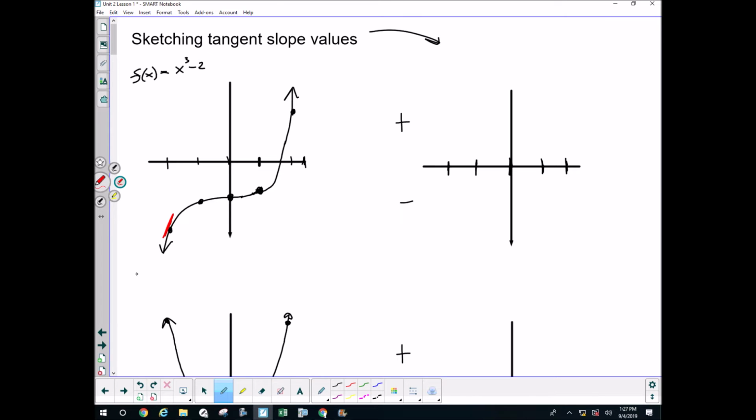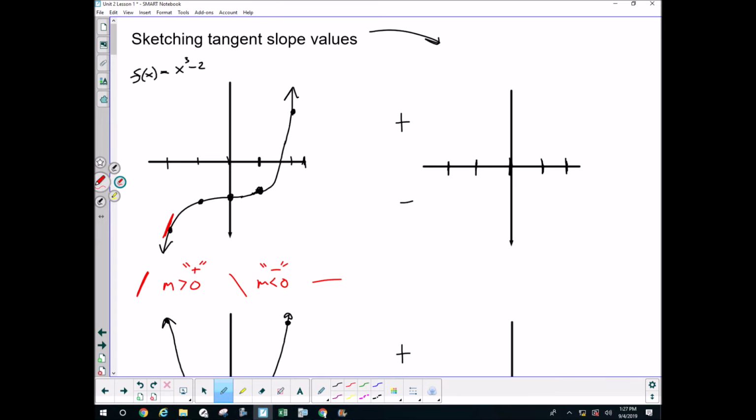Now, remembering that if my pitch is upward from left to right, my slope is positive. We'll use greater than 0 for positive. We could also use a plus sign for positive. We remember that if my slope is pitched downward from left to right, your slope would be negative. This is one way to say that it's negative. You could also just say negative.